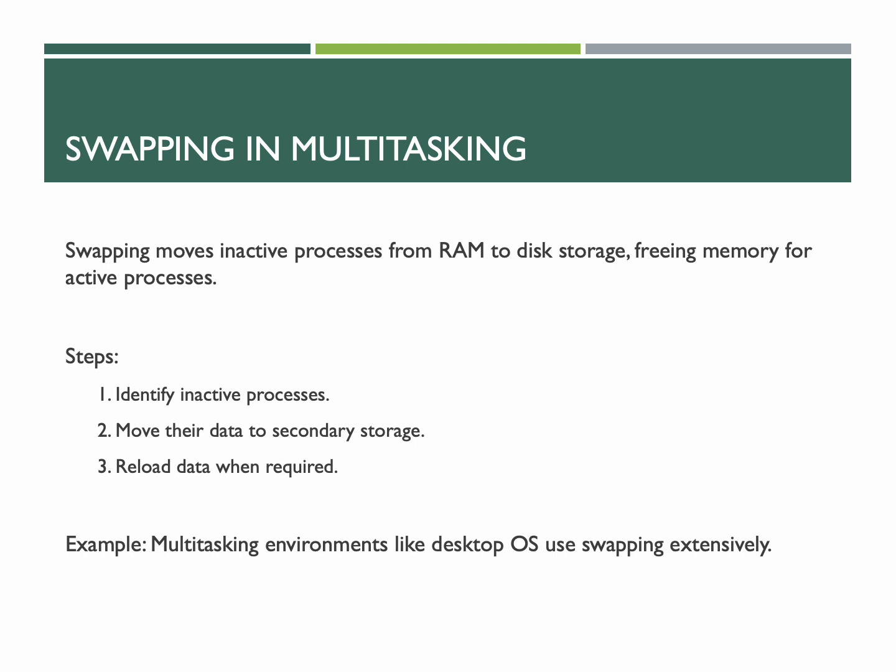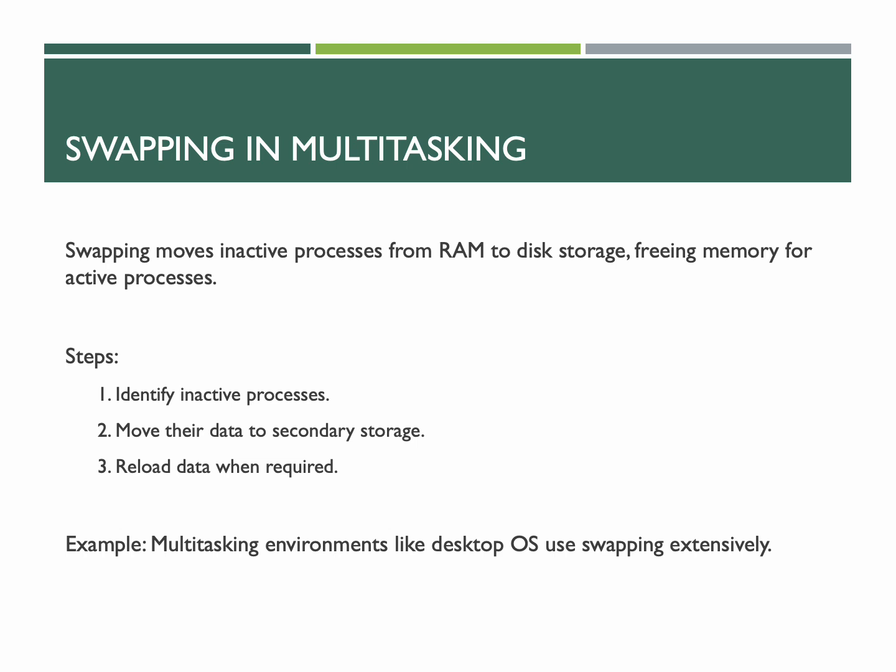So here are the steps for how it can be done. First is identify inactive processes. To move any inactive process, first we have to identify it. The operating system detects which processes are currently idle or not needed immediately. Then it moves their data to secondary storage.